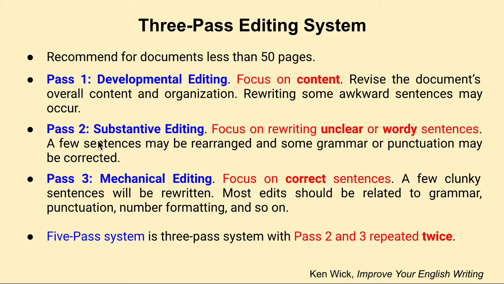A pass is never going to be purely just that. People tend to make changes to one of these three groups, but those two passes should be focused on substantive editing. Believe it or not, you can rewrite a sentence, and as you go through a long document again, you come back around to it, you'll find maybe a different way to rewrite it, or how it can be more clear or concise. And then pass 4 and 5 is mechanical editing.